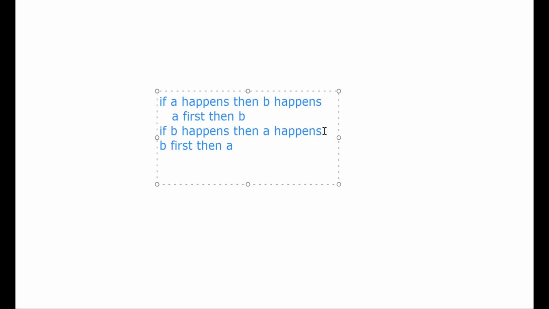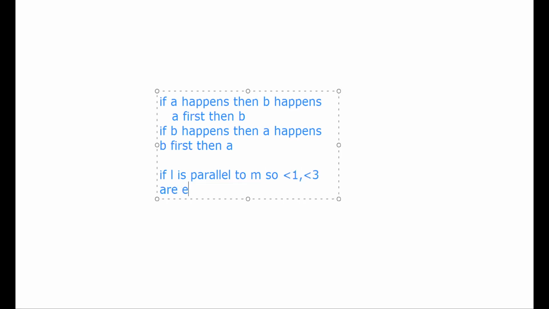In other words, before, for example, the corresponding angle theorem was saying if L is parallel to M, and L is a line, for example, so angle 1 and angle 3 are equal because they are corresponding.